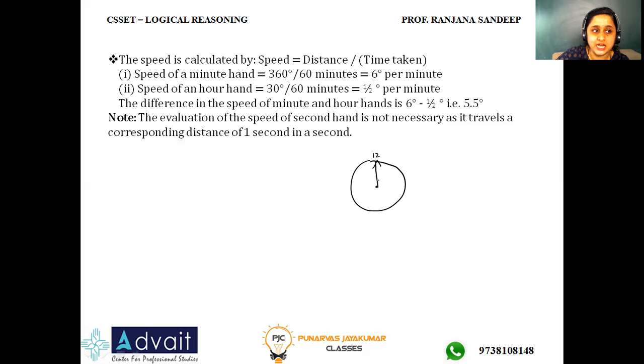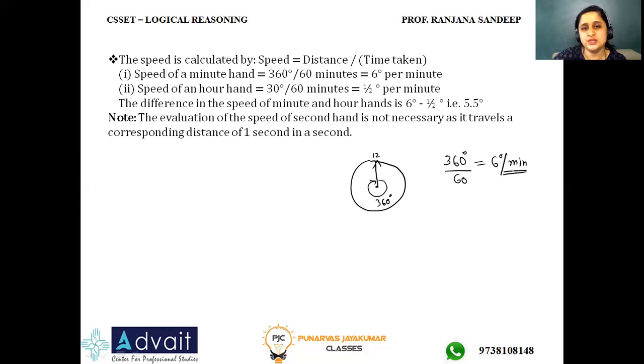In 60 minutes, the minute hand is going to cover the angle 360 degrees, completing one rotation. So the speed of the minute hand is 360 degrees divided by 60 minutes, that is 6 degrees per minute.